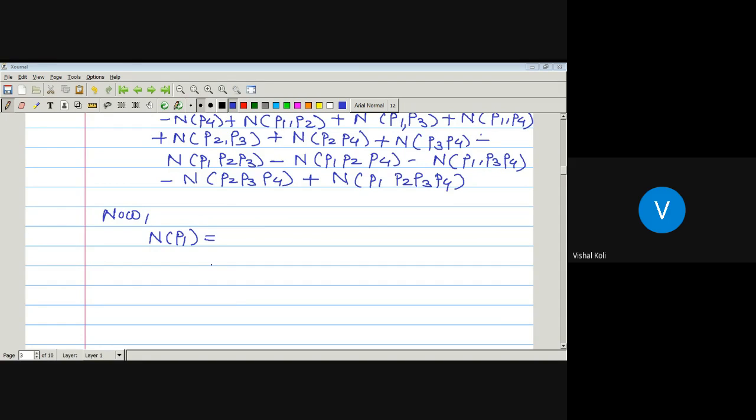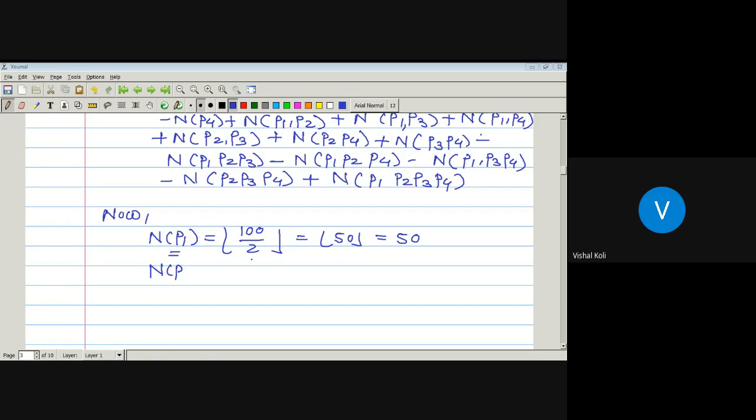This value is equal to the greatest integer value of 100 divided by 2, which is 50. So that is n of P1, which is 50.